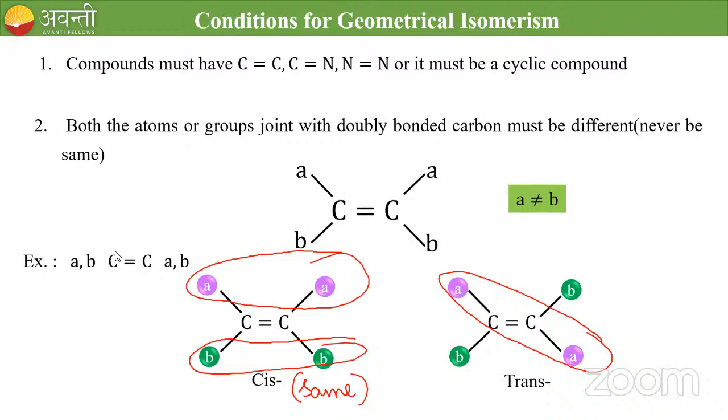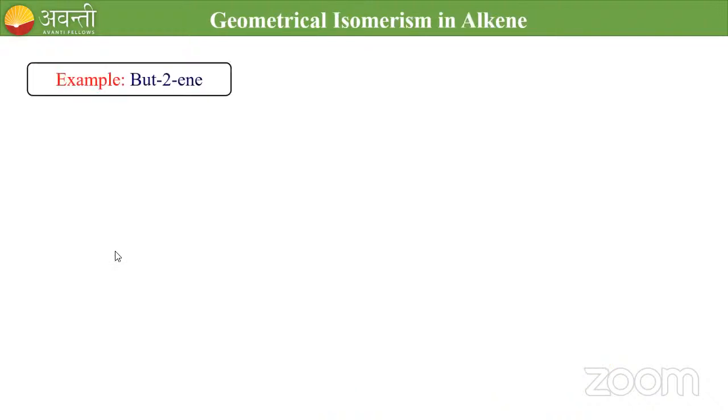Now let us discuss one example based on this. The example that I have taken is but-2-ene. The formula will be like this: 1, 2, 3, 4. Between carbon number 2 and 3, we have a double bond, and the total number of carbons is 4. So it is but-2-ene.